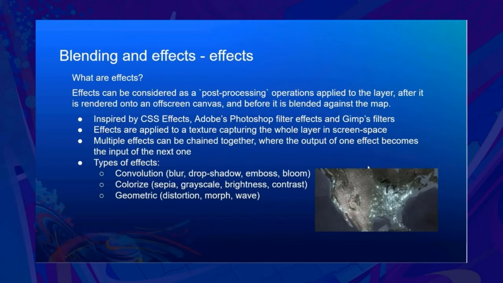We really distinguish between three types of effects. There are effects driven by convolution, such as blur, bloom, drop shadow. There's colorize effects, like sepia, brightness, contrast, grayscale. There's geometric effects, like morphing the image or applying a wave effect or distortion. And there's a bunch of others that I don't have enough time to list right now.